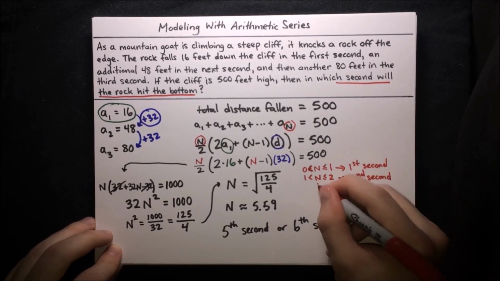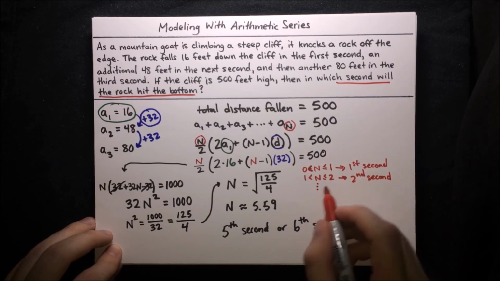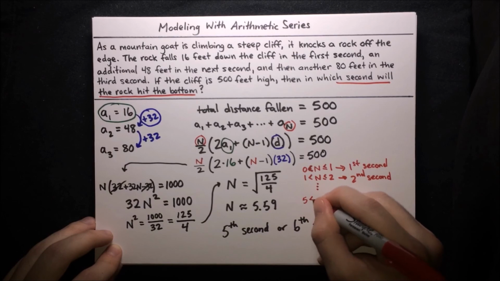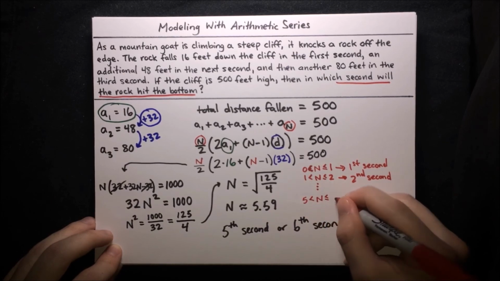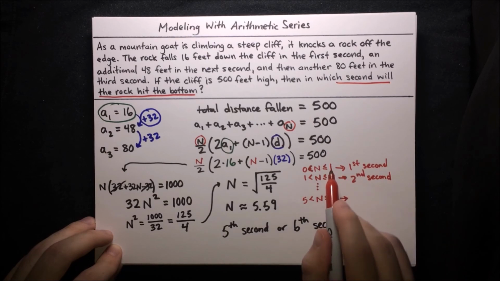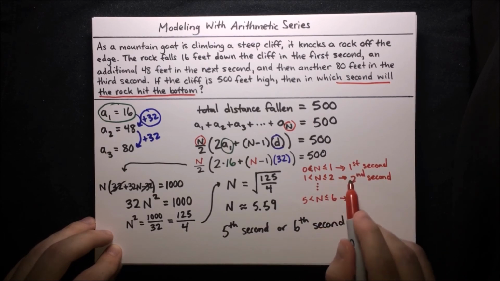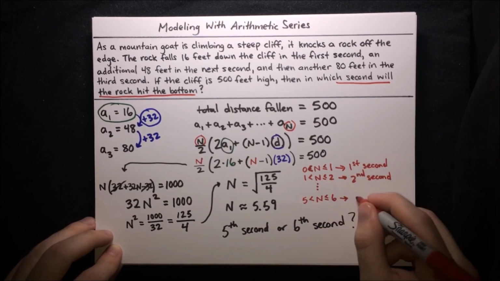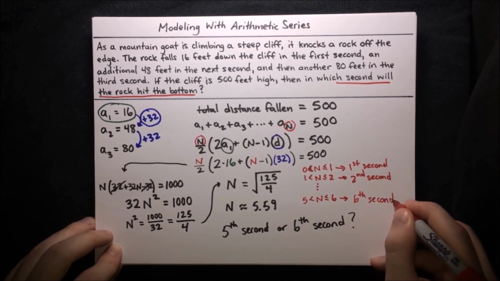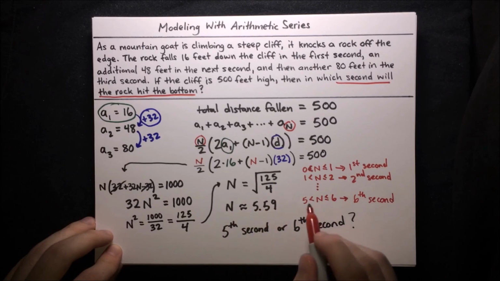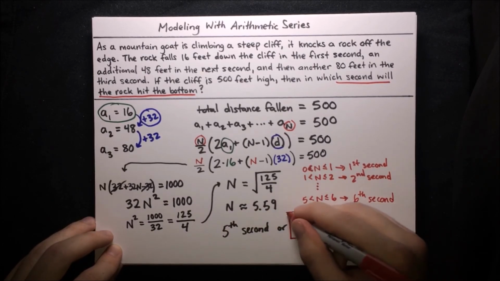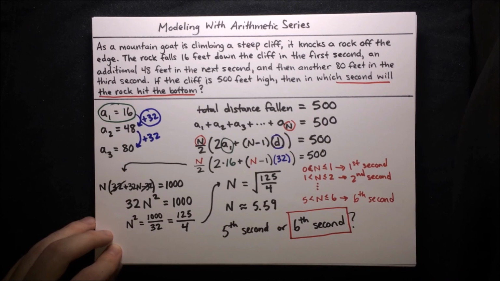So continuing this all the way down to an interval which contains this 5.59, for n between 5 and 6, well, it always corresponds to the right number here. 1 is the first second, 2 is the second second, 6 is the sixth second. So this value of n lies in the 6th second. So there we go. It's the 6th second when the rock hits the bottom.